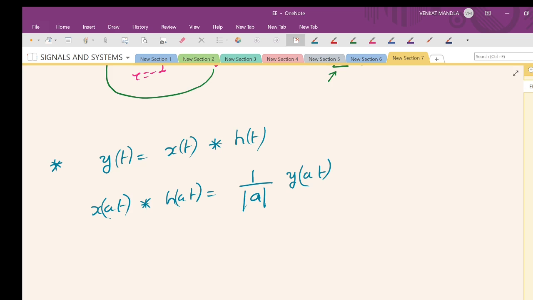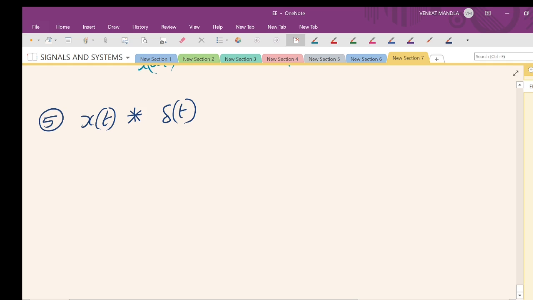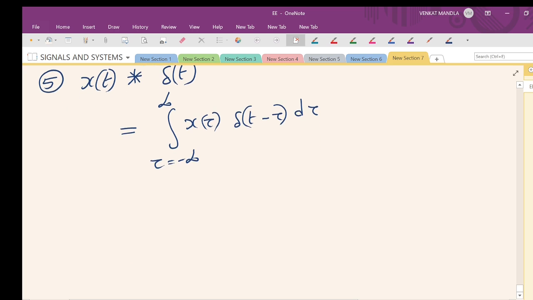This is one of the properties. Take x of t convolution with del of t, which is the integral from minus infinity to plus infinity of x of tau del of t minus tau d tau. Del of t minus tau exists only at t minus tau equal to 0, that is, at tau equal to t.